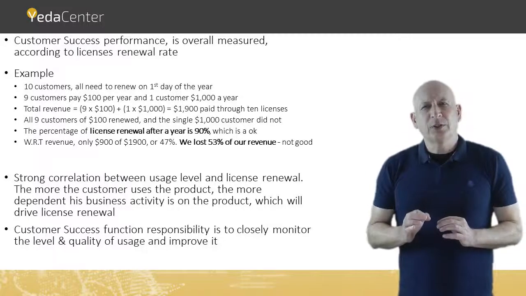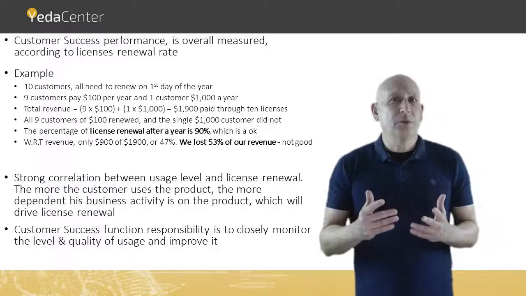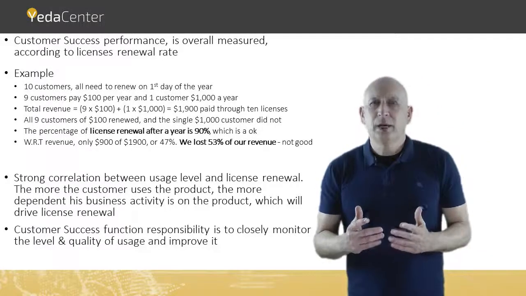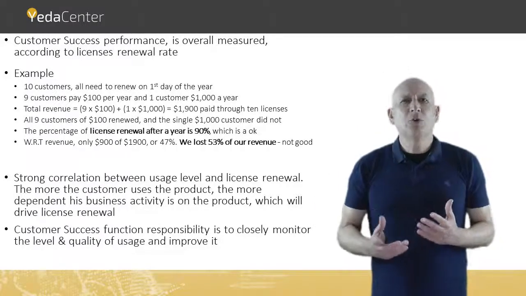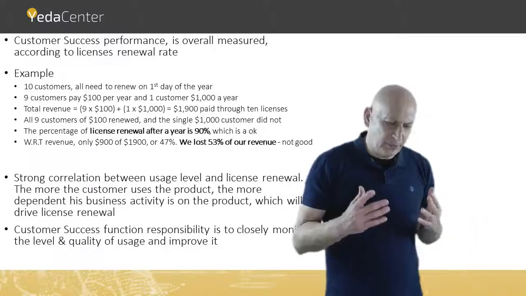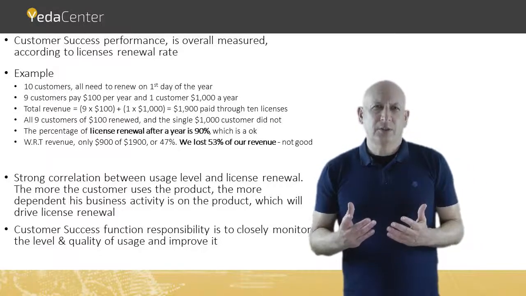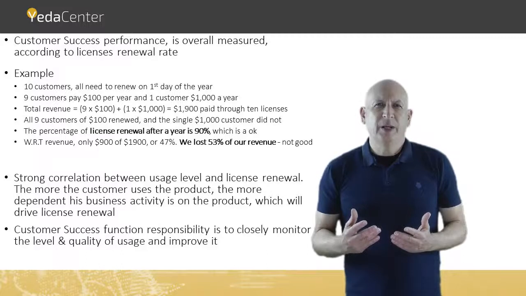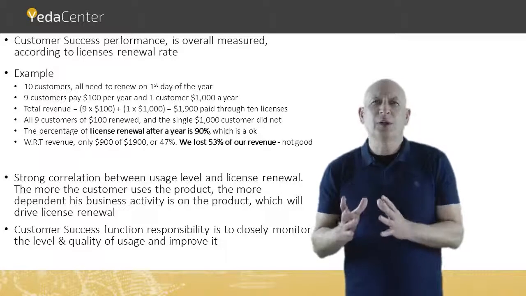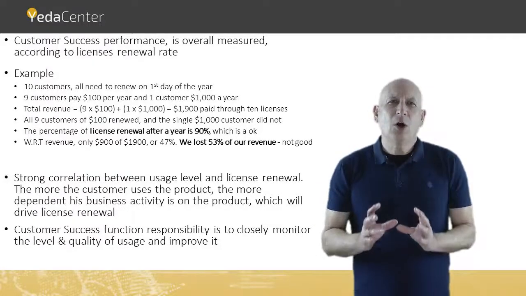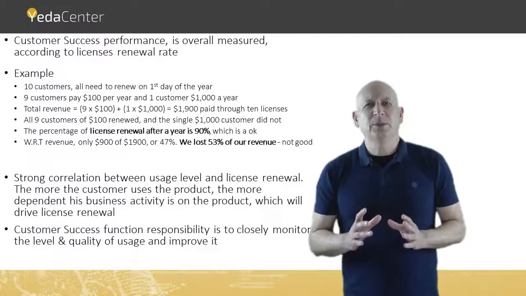So the customer success function is to closely monitor the usage and the quality of usage of the software and improve it. Level of usage means how many transactions, how many operations the customer is performing with the software, and quality means how many functions he utilizes, meaning is he using the system heavily or just one function out of many. We obviously want him to do as many of both as possible.